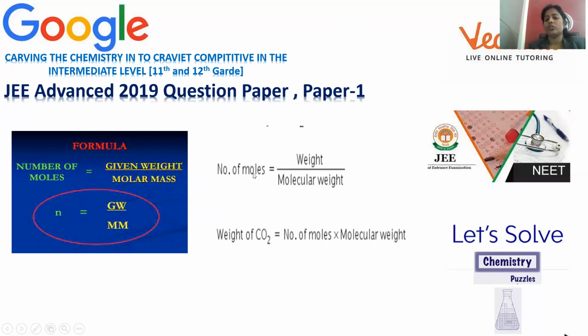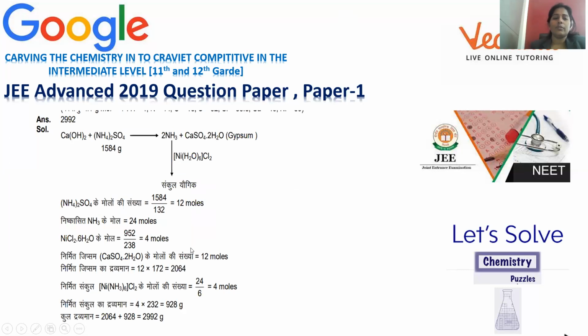If you know the moles and want to calculate the weight, weight comes to this side, and moles can be multiplied with molecular weight. If you know the weight, moles is calculated by taking weight by gram molecular weight. Both are required, right? Number of moles is equal to weight by gram molecular weight. Weight is equal to number of moles into molecular weight. If you know this, it is easy to solve the problem.